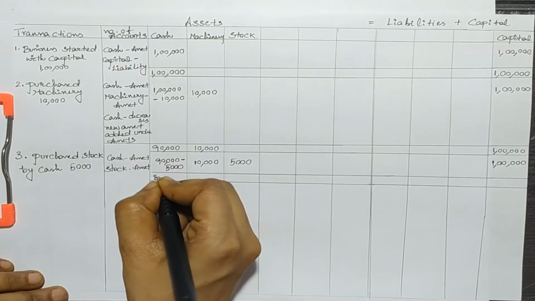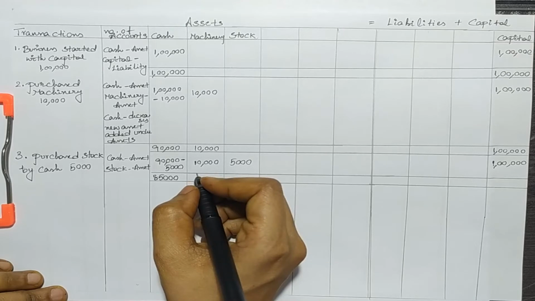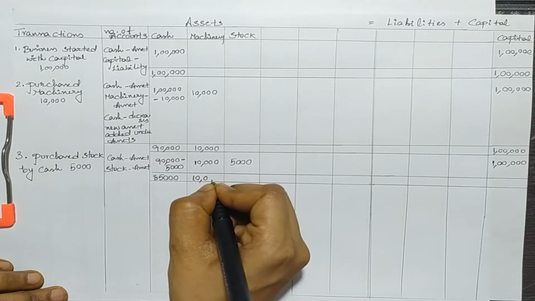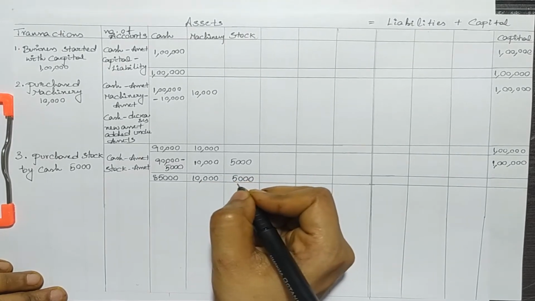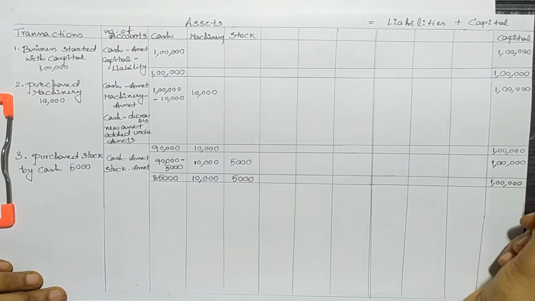Now we will deduct 5,000 from 90,000 which comes to 85,000. So cash value is 85,000. Machinery amount remains same, that is 10,000, and for stock it is 5,000. Capital amount is 1 lakh. The asset side total is 1 lakh and liability side total is also 1 lakh. Both the totals are matching.